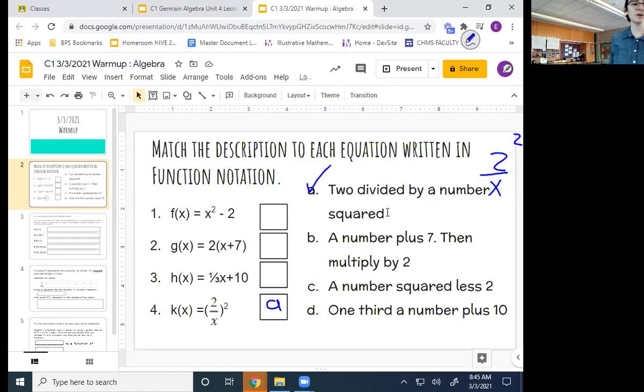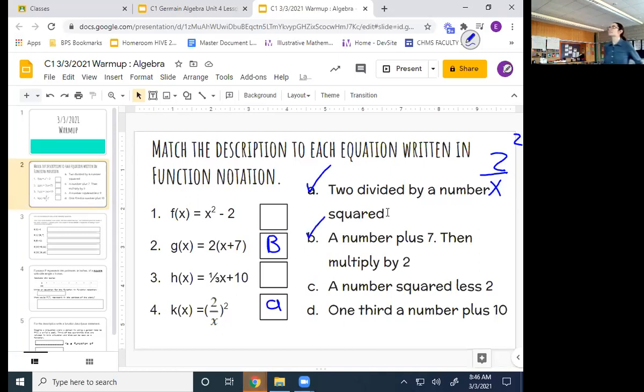What's our equation going to have to have in it if we're going outside of that order of operations? It's going to have parentheses. So B is going to match with, just like Naseem said, number 2. Very good, Naseem.